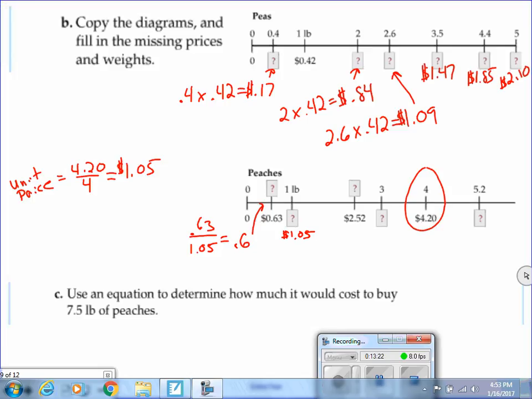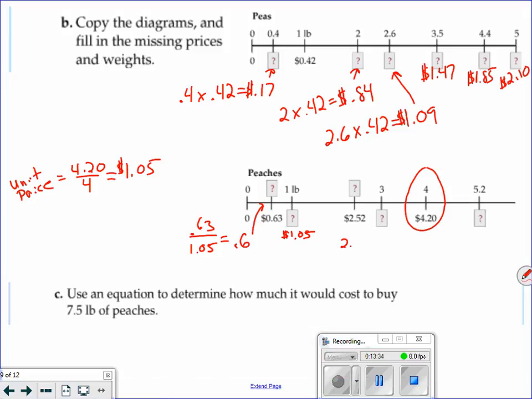For 1 pound, well, that's the unit price. So that's going to be the $1.05. Okay, for the $2.52, again, you're going to take that divided by the $1.05 to get your answer there, which comes out to 2.4. So that's our answer for this one.